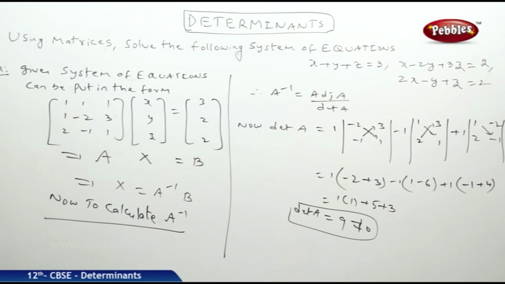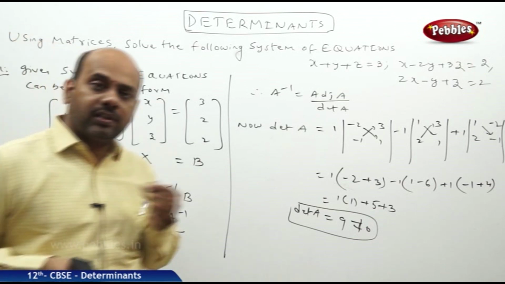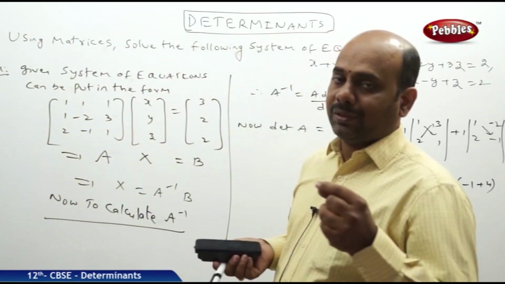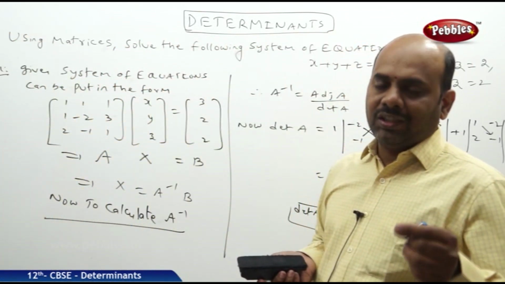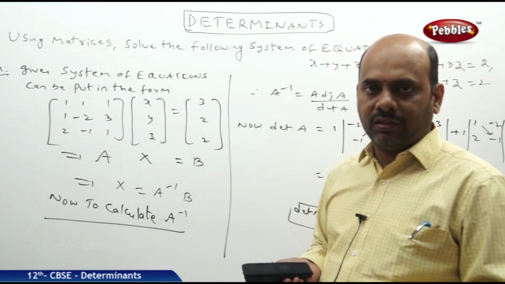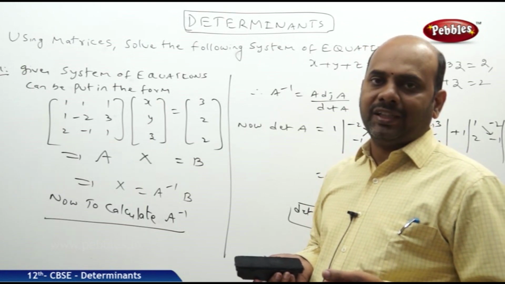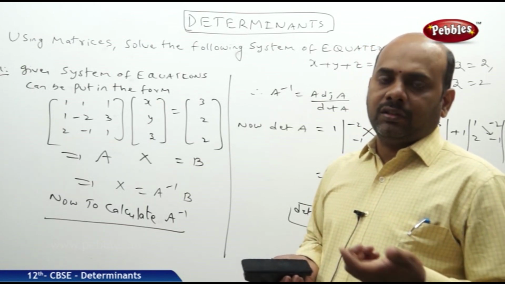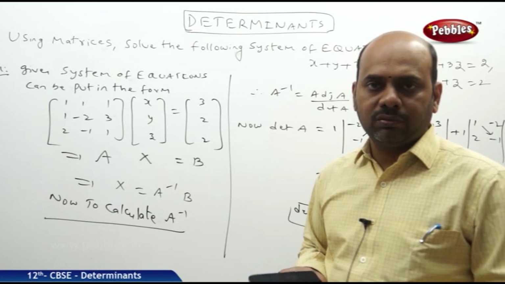Now we shall try to calculate our adjoint A. And I said earlier, what do you mean by adjoint A? Adjoint A is the matrix obtained by transposing the respective cofactor matrix. Cofactor matrix means what again? It is a matrix obtained by finding the cofactors of the respective elements.